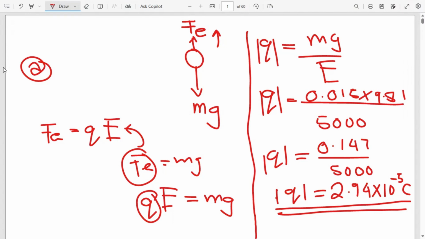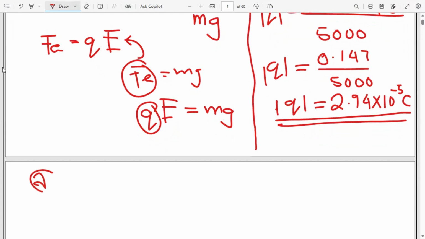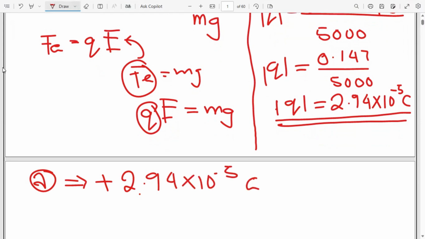The electric field is pointing up. That means the electrostatic force should also be upward. And what does that mean? That means Q will be positive. So in part A, the answer is going to be equal to positive 2.94 times 10 to the power minus 5 coulombs.